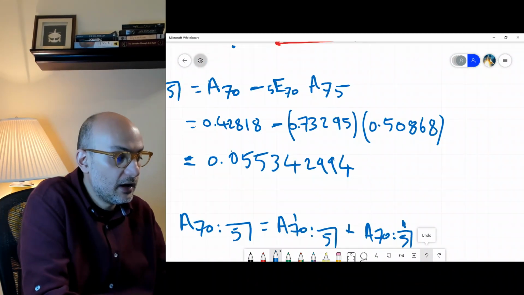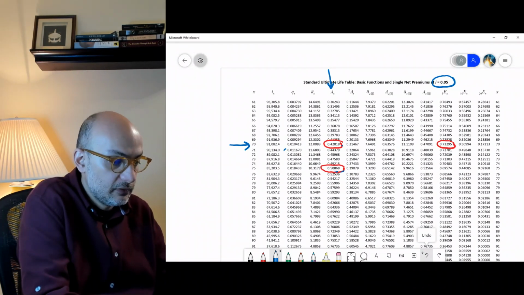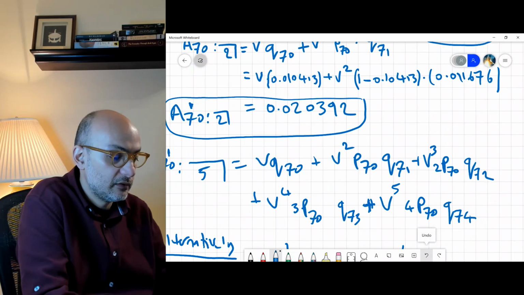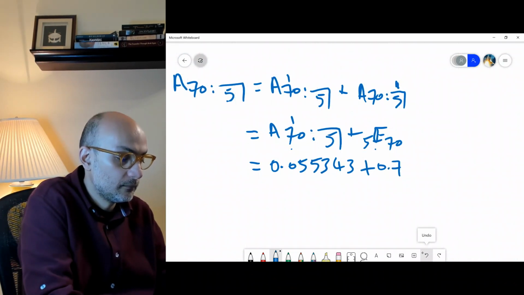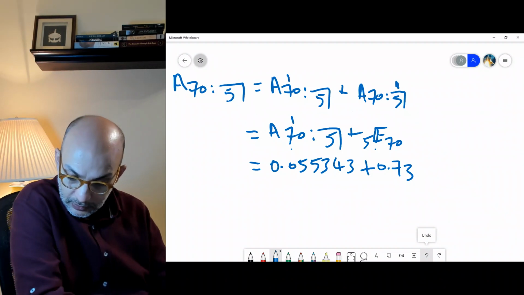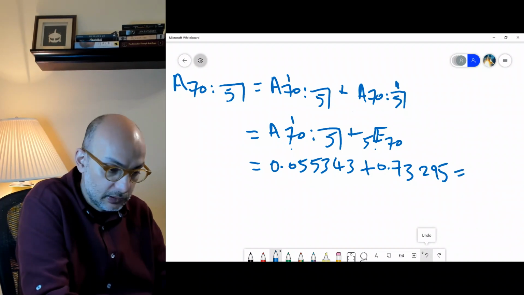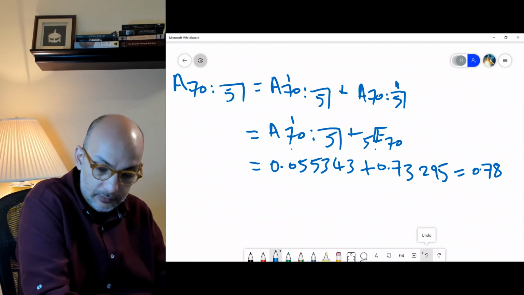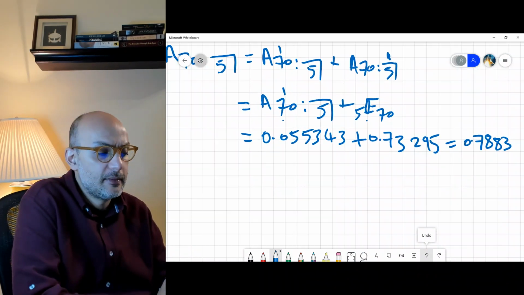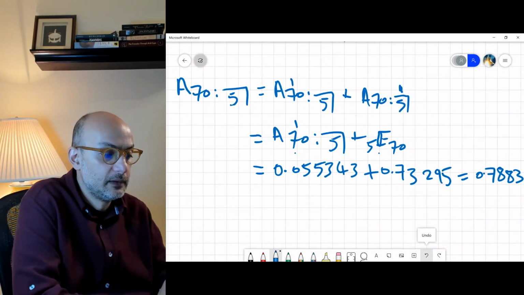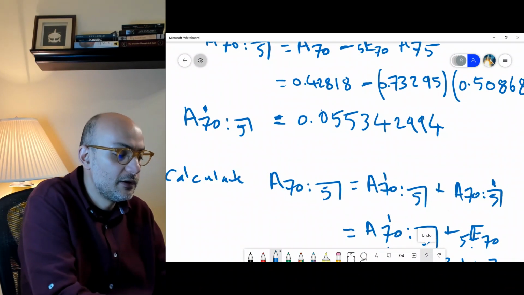You go back to your life table. It's 0.73295, and this will give us 0.7883. Right? Does that make sense? I want you to be careful here. One is with one and one without one.